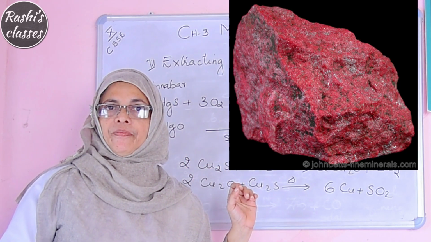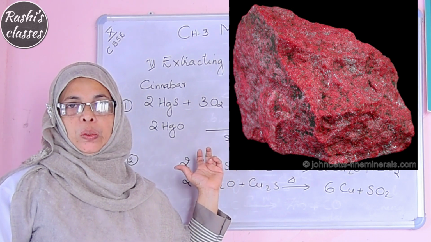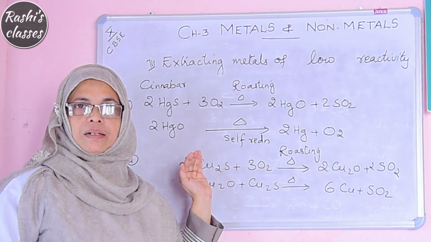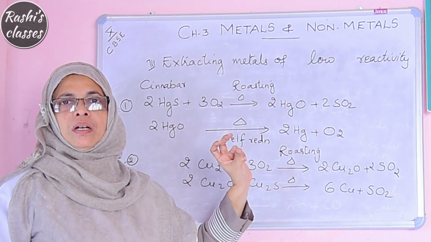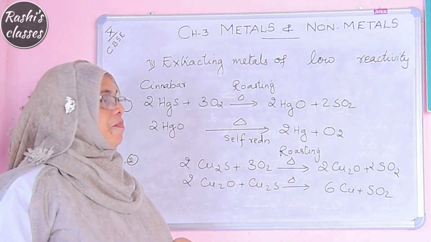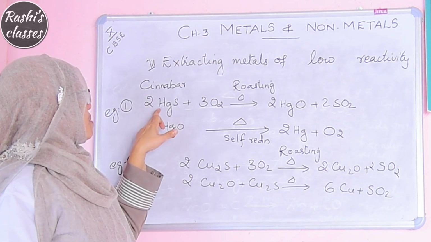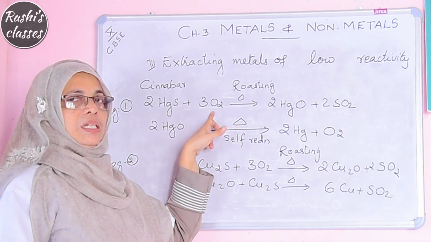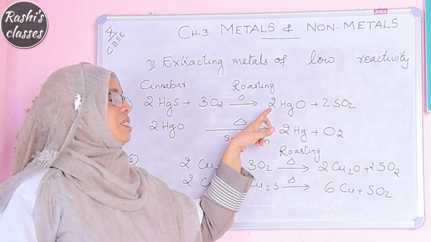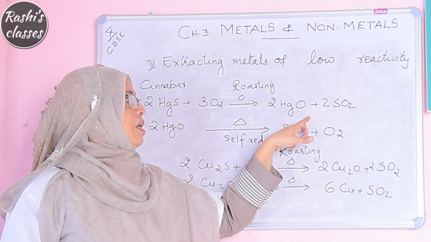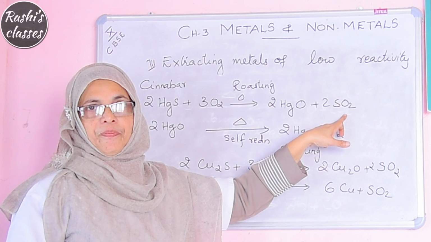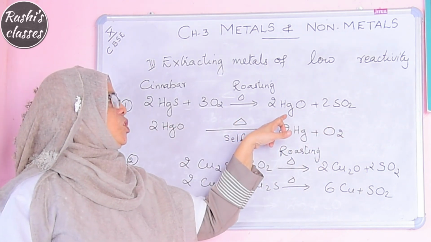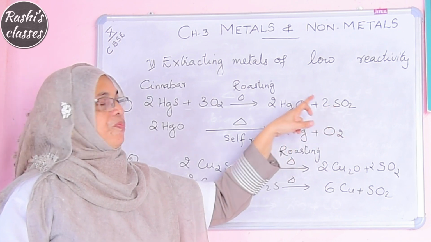Cinnabar is the ore of mercury, that is mercuric sulfide. It is called cinnabar. You know, sulfide ores, you have to do roasting. So HgS, mercuric sulfide, in the presence of oxygen, if we heat it, it changes into mercuric oxide and sulfur dioxide. 2 HgS plus 3 O2 gives 2 HgO plus 2 SO2.